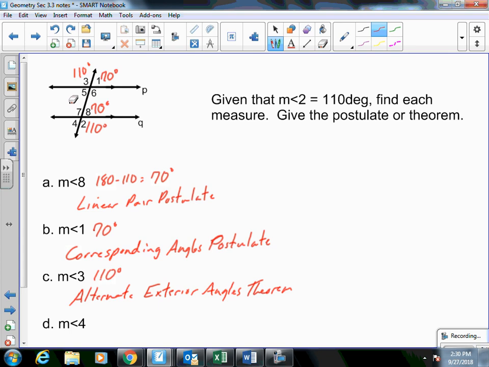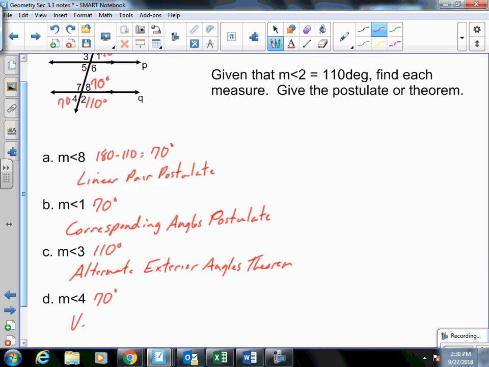So 4 and 8 are vertical angles. And what do we know about vertical angles? Vertical angles are congruent. And that's from the vertical angles theorem.